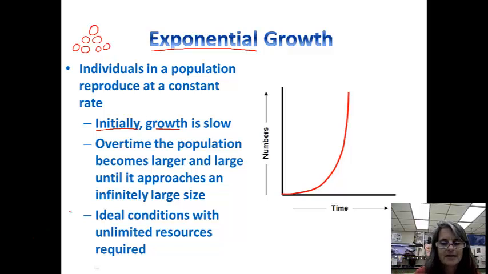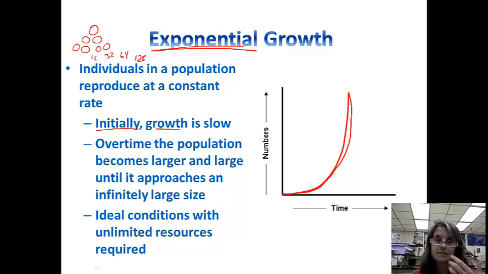So essentially what an exponential growth curve looks like is you begin with very slow growth, but then, whoa, it really takes off, okay? 8 becomes 16, 16 becomes 32, 32 becomes 64, 64 becomes 128, and so on.